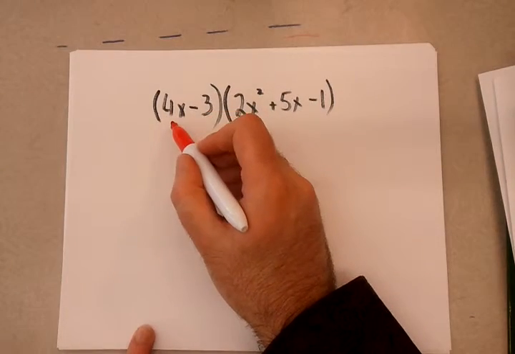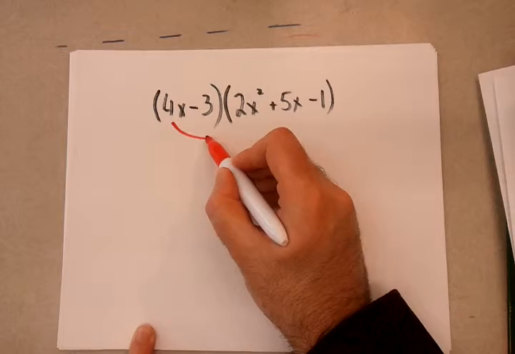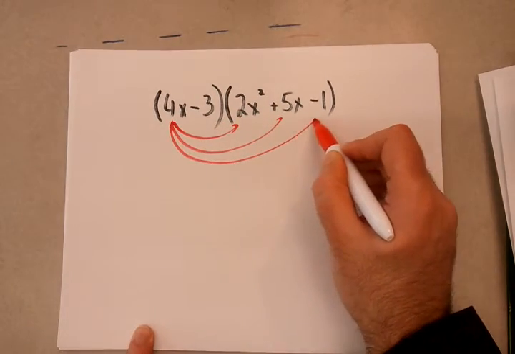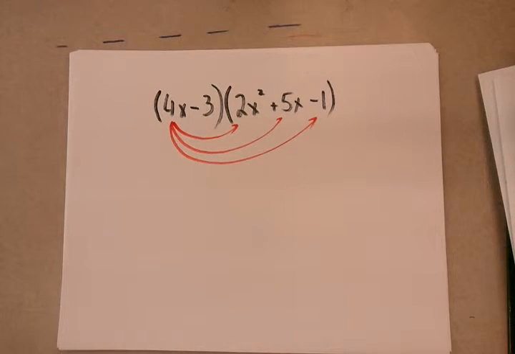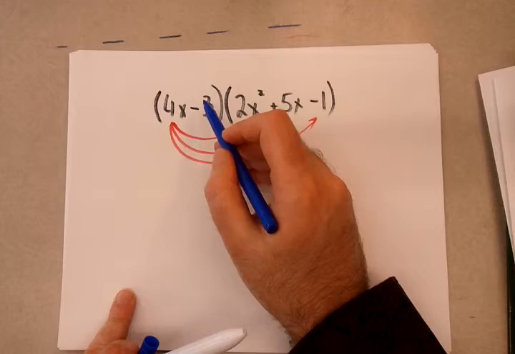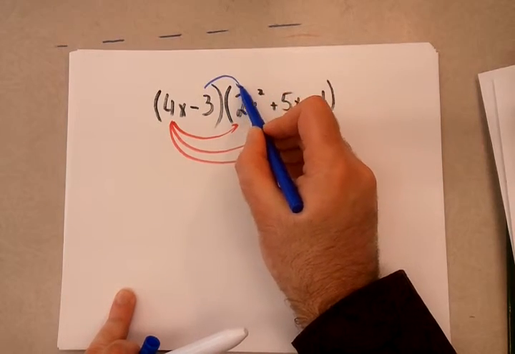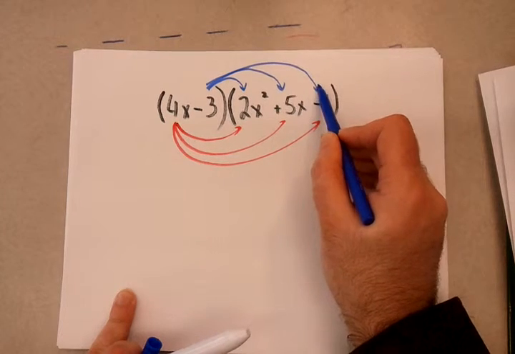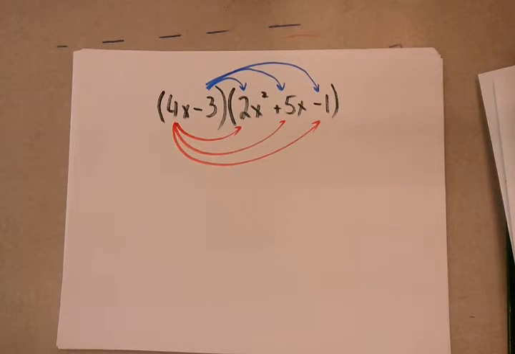So I'll start with the first monomial here, and I'll make sure that it's distributed to every single member of the second polynomial, and I'll do the same thing with the second monomial of the first polynomial. I will distribute it evenly into the second polynomial. So kind of see it looks like a clamshell.